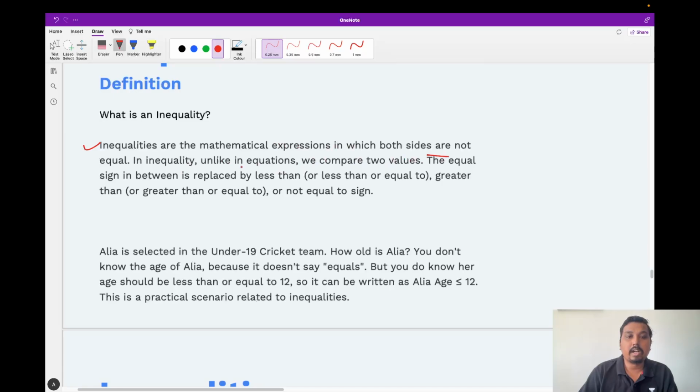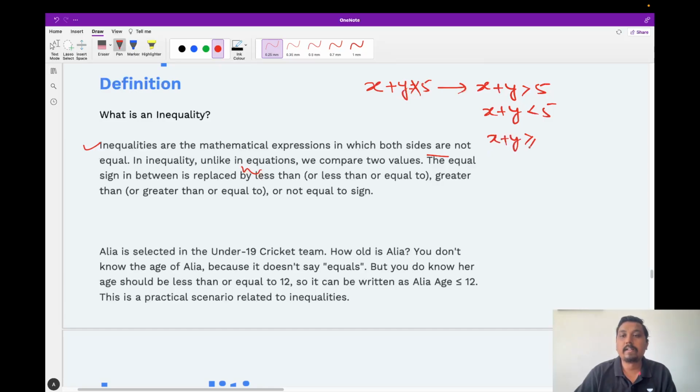Unlike in an equation, we compare two values. Generally we have, suppose, x plus y is equal to 5. So what if we replace this? If we replace this, we get x plus y greater than 5, x plus y less than 5, x plus y greater than or equal to 5, x plus y less than or equal to 5, x plus y not equal to 5.